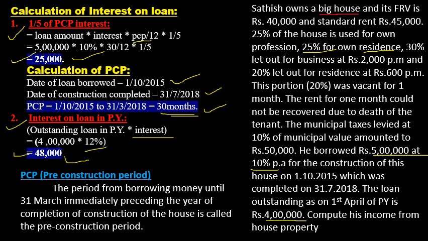Next, 25,000 into 30% while you are calculating the 30% let out part, and another is 25,000 into 20% while you are calculating the 20% part. In that way you have to apply the deduction under section 24 for interest on loan. So that's about interest on loan. The remaining part I will explain in another class. Thank you very much.